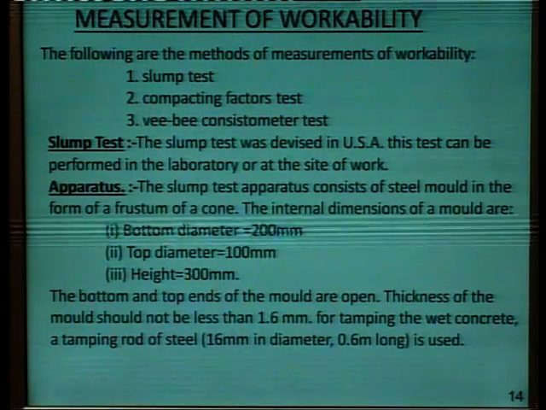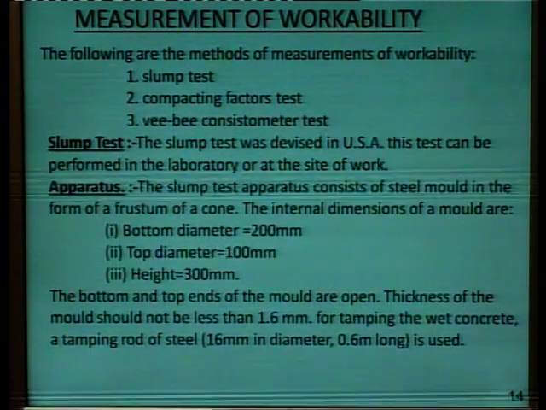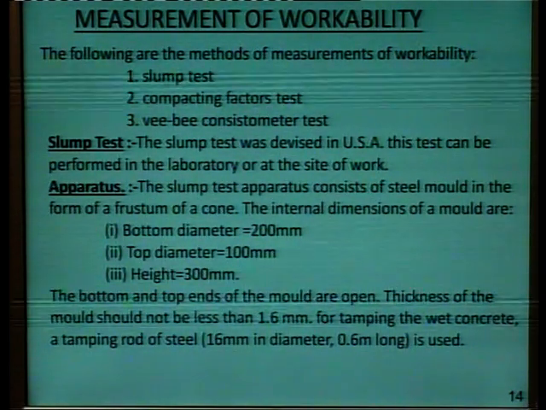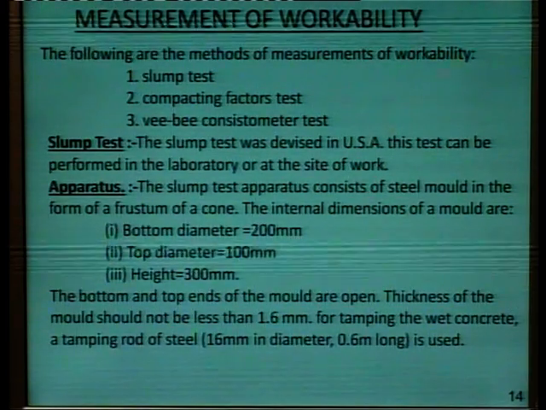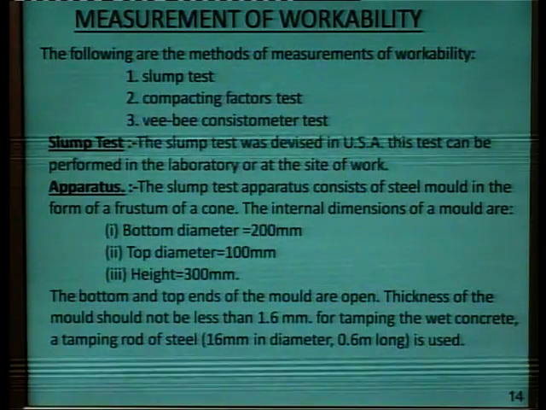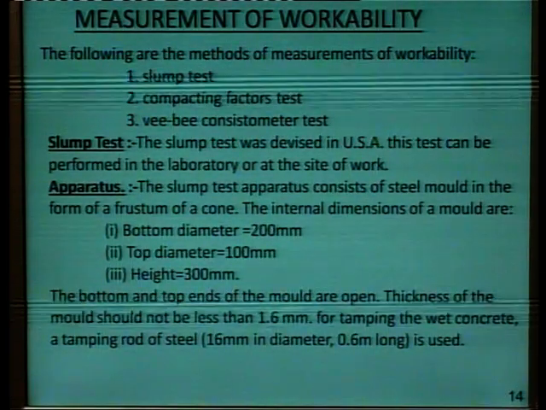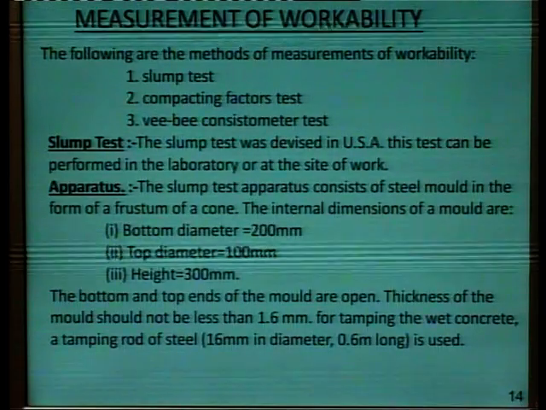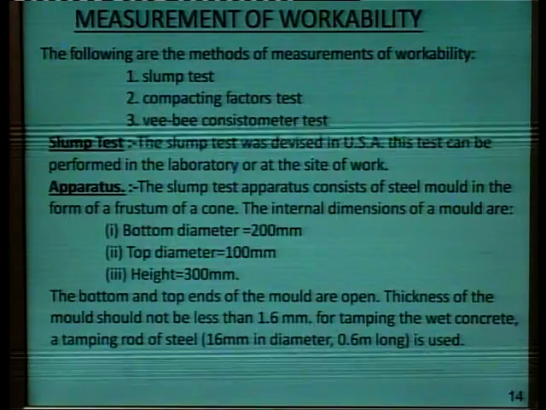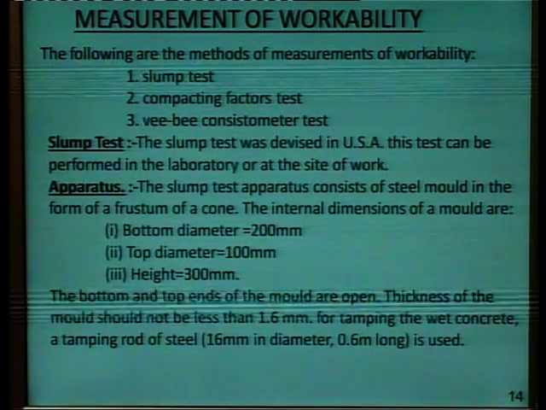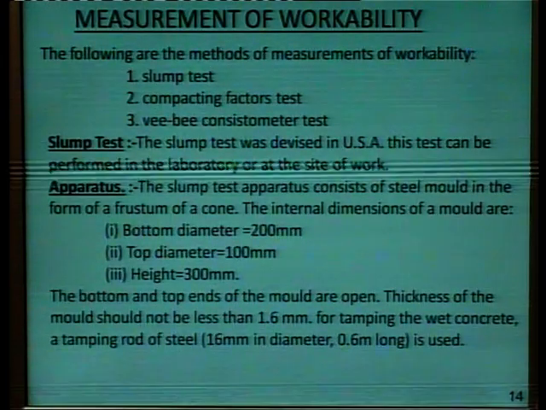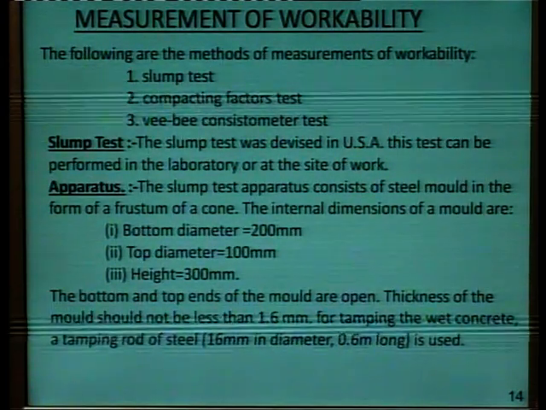The internal dimensions of the mold are: bottom diameter is 200 mm, top diameter is 100 mm and the height of the mold is 300 mm. The bottom and top ends of the mold are open.